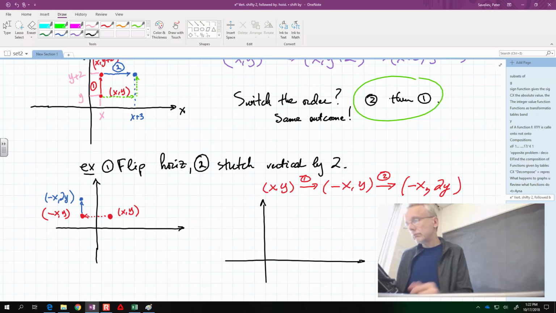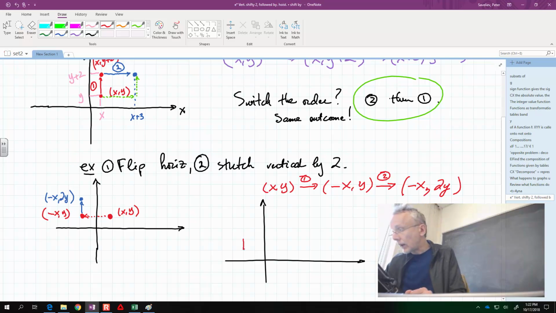So well, let me try. Let me try it this way to visualize only the second step. This is what's going to happen. Okay, let me put it this way.